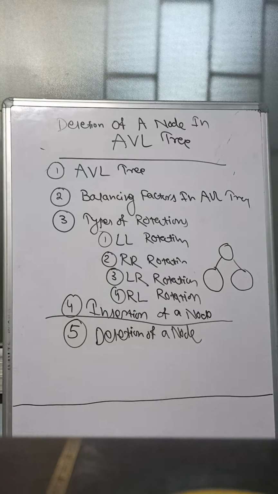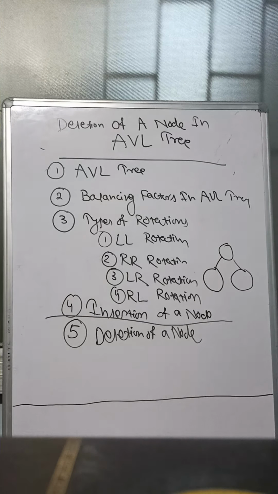Now I have to delete some nodes from this AVL tree. First I have to consider whether the tree is balanced or not. So how will I find the balance factor? You know that the left side means positive and the right side means negative. When I consider the height of the tree, I have to consider the height of each node.